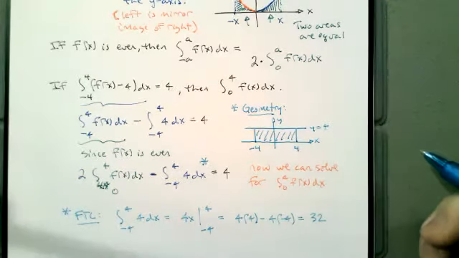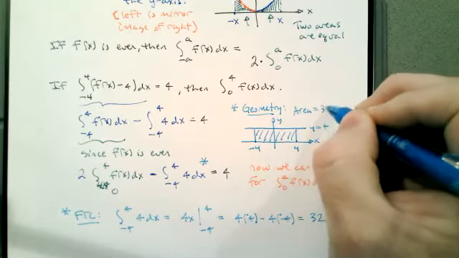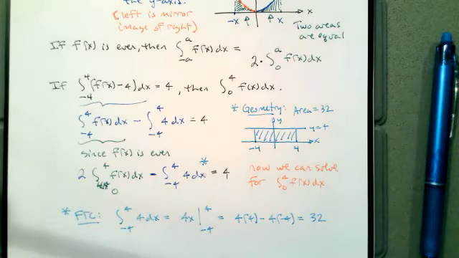So that area is equal to 32. So both ways give us this integral from -4 to 4 of 4 dx a value of 32.